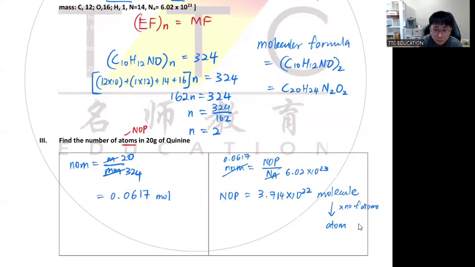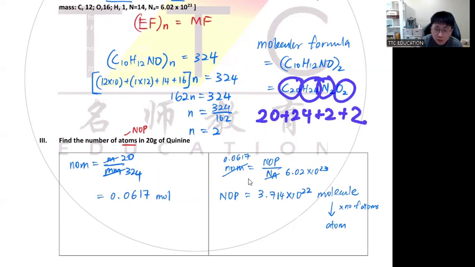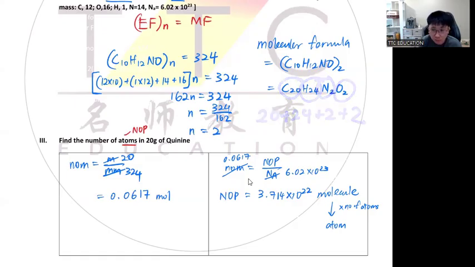Okay, so what's the meaning of that? Look at quinine. The actual formula got how many atoms? Got 20 carbon, 24 hydrogen, 2N and 2O. So 20 plus 24 plus 2 plus 2. So 44, 46, 48. So got 48 atom. So means that you take this 3.714 times 48.